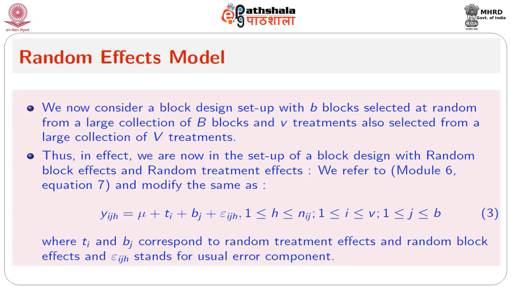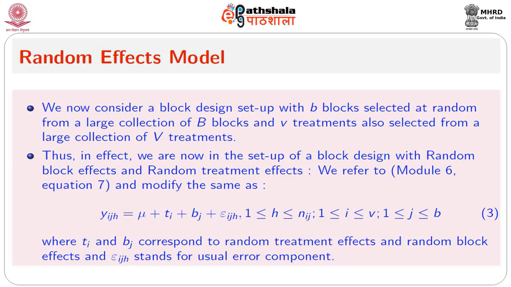So originally we contemplated an experiment with capital B blocks and capital V treatments, but that would naturally call for a large number of experimental units, and because we have resource crunch, we think of small b blocks and small v treatments somehow to accommodate a connected block design. Thus, in effect, we are now in the setup of a block design with random block effects and random treatment effects, because the b blocks and the v treatments are selected at random out of larger collections.